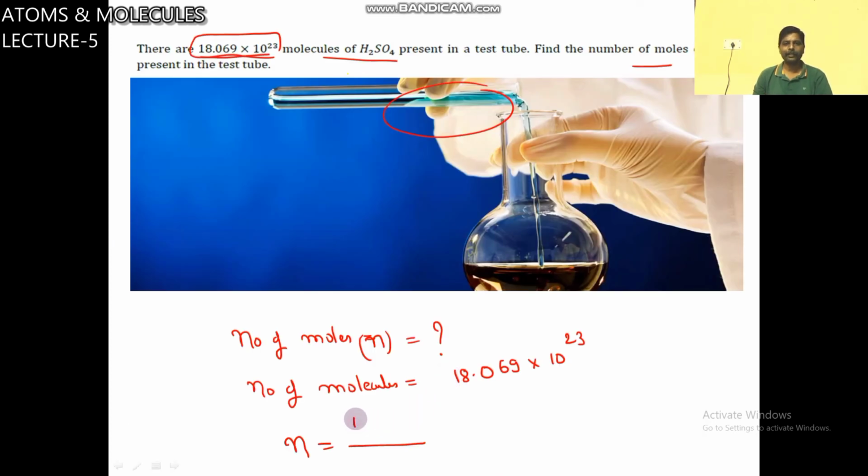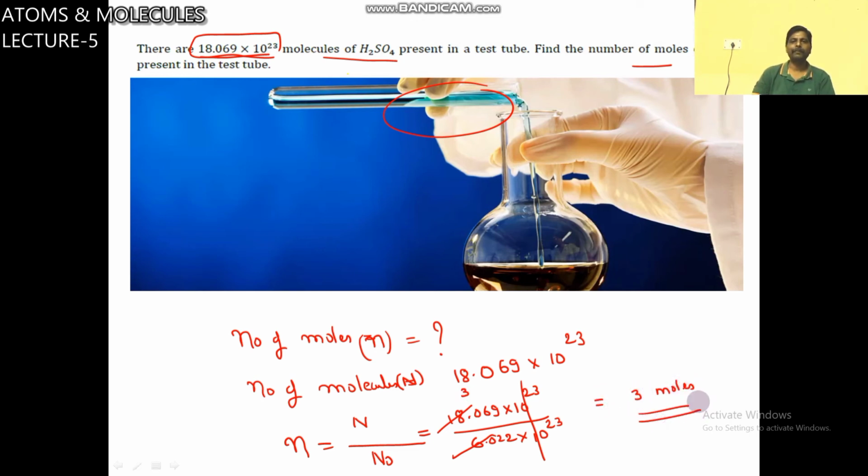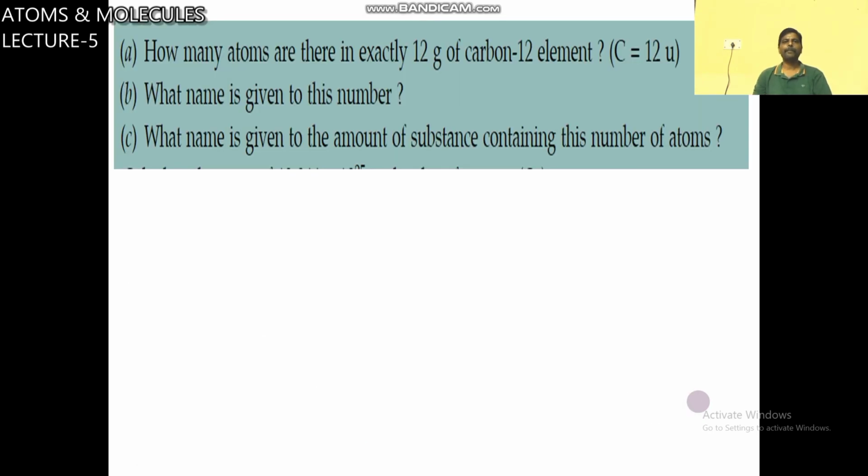So 18.069 into 10 to the power of 23 divided by 6.022 into 10 to the power of 23. The powers of 10 cancel. Nearly 18 divided by 6, 3 times. So the answer is 3 moles.